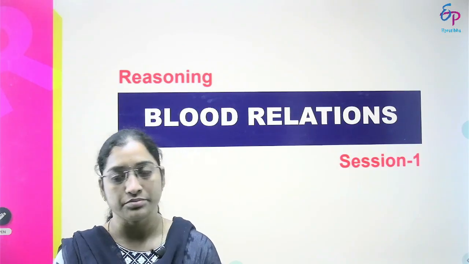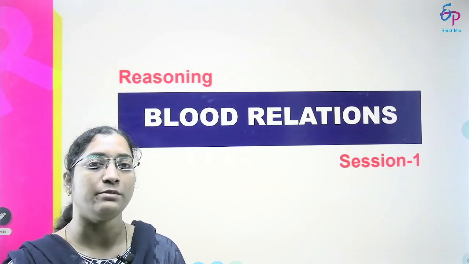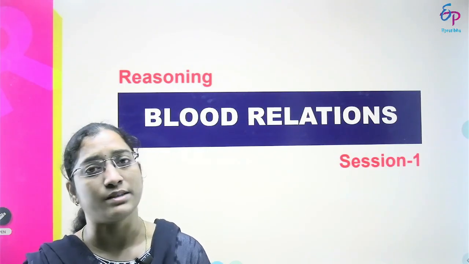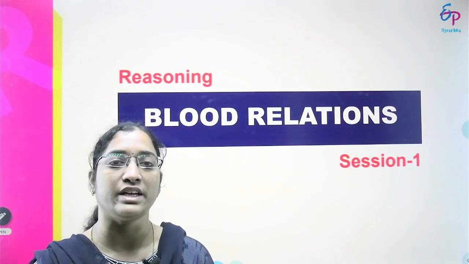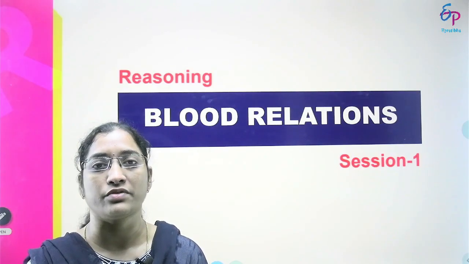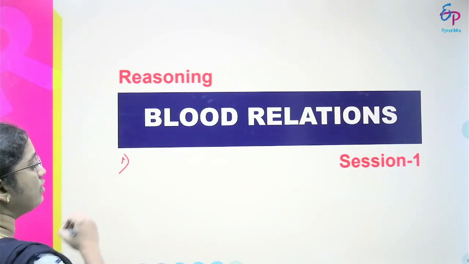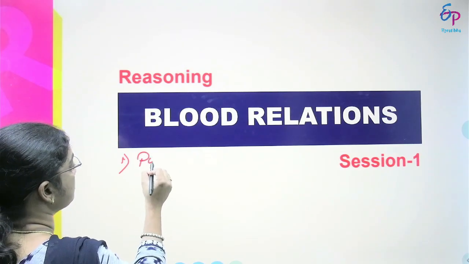Then first we need to know how many types of questions there are in this topic. Our topic is blood relations, right? In this blood relations topic we have three different types of questions. My first type is puzzle type questions.